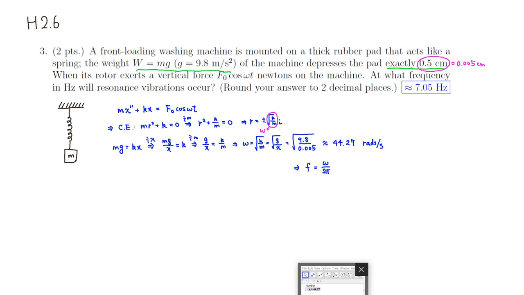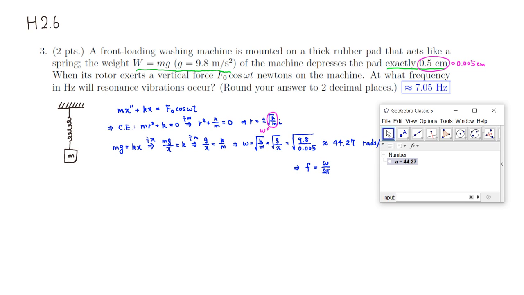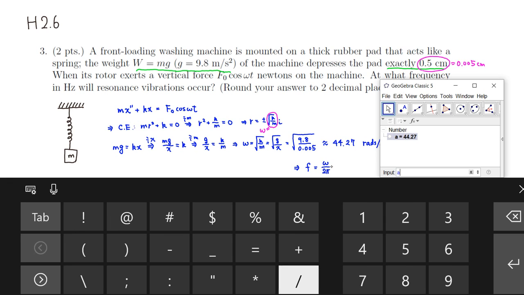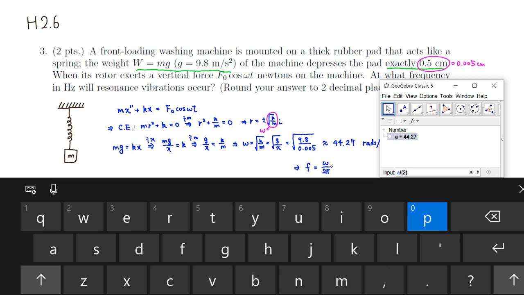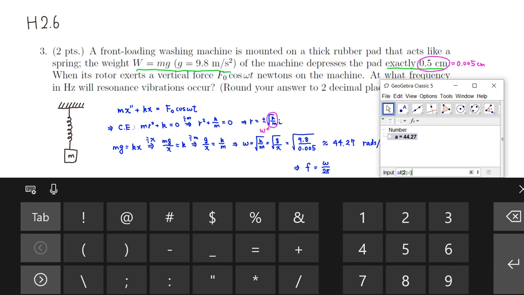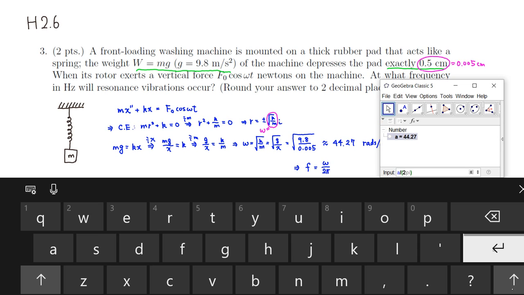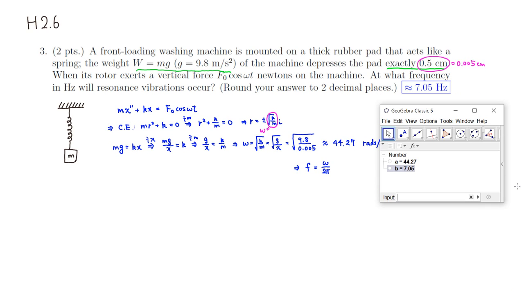So A is the value for omega, and I'm going to divide it by 2 pi. Hit enter.